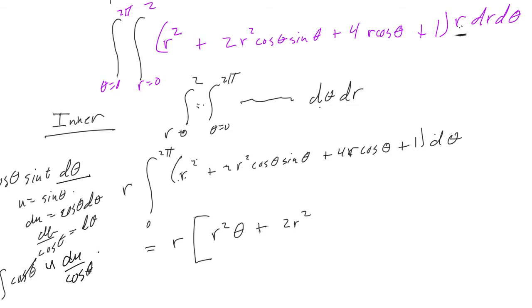Okay, so those cancel, leaving us just the integral of u du, and the integral of that is u squared over 2. Okay? So you got all that?